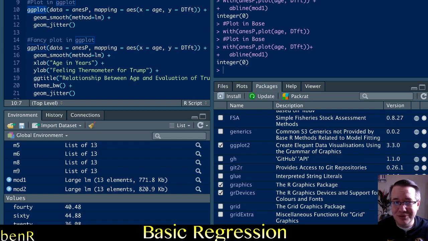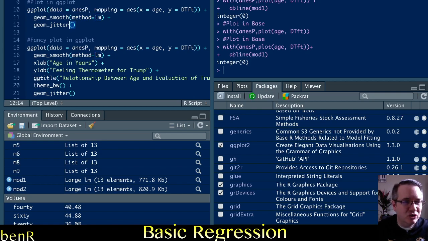What I'm going to show you here is just very basic, but the command is ggplot, data equals your data name, mapping equals aes, x equals your independent variable, y equals your dependent variable, and then you add that plus geom_smooth, and then in parentheses, method equals lm, and so this gives you your line of best fit from your linear model on there.